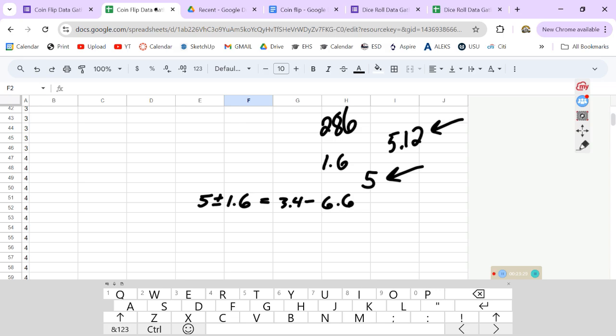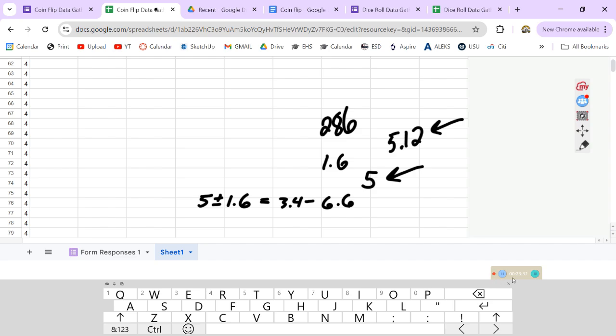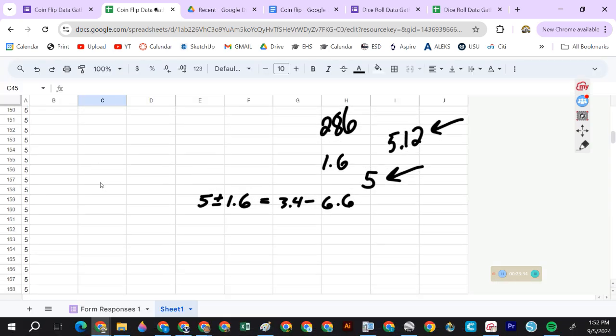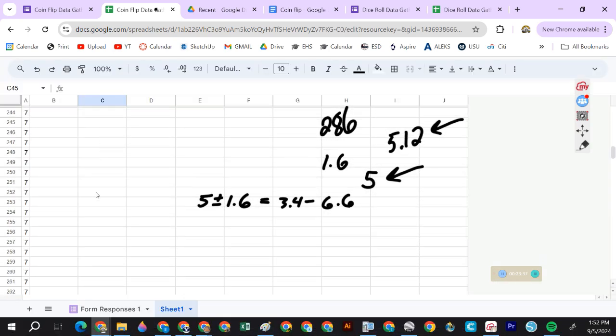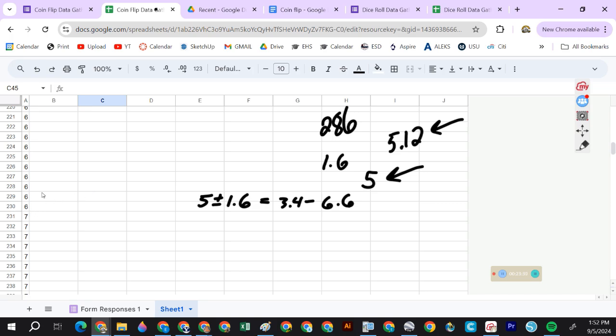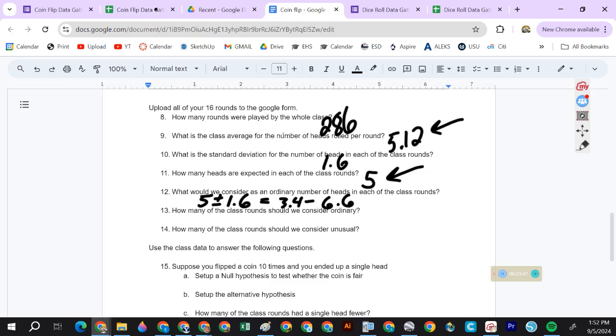So the 4s start on 47, and they end on 230. So that's 183. So we had 183. What is that in a percentage? So 183 divided by 286 is 64%.